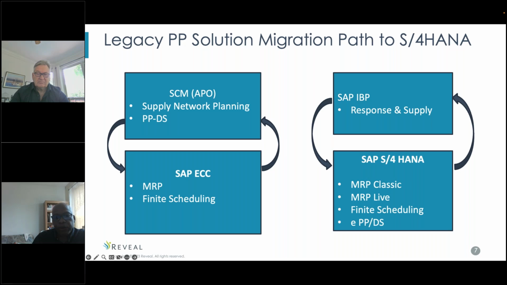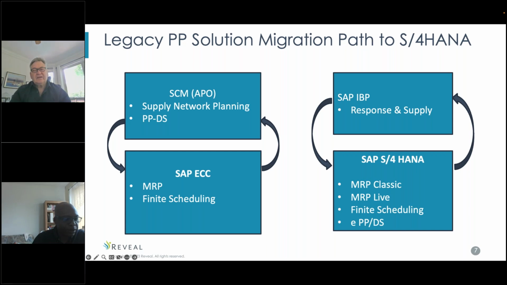And when this migrates to S/4HANA, it will migrate to where we have MRP Classic, MRP Live, finite scheduling, and also embedded PPDS. David, do you want to speak about the SCM APO solution from a legacy to the new environment?